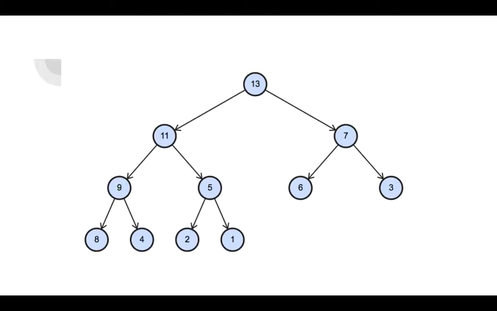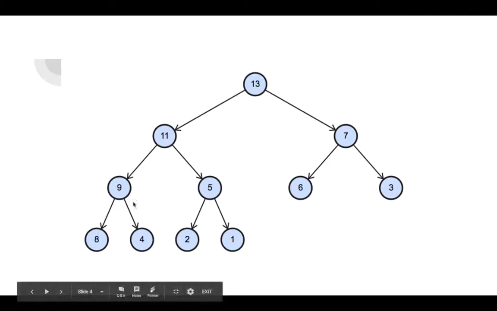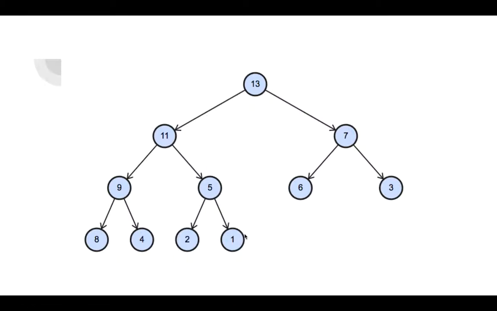As you can see in this binary tree, level 1 contains only one node, level 2 contains two nodes, level 3 contains four nodes, and similarly level 4 also contains four nodes, which is also the last level.